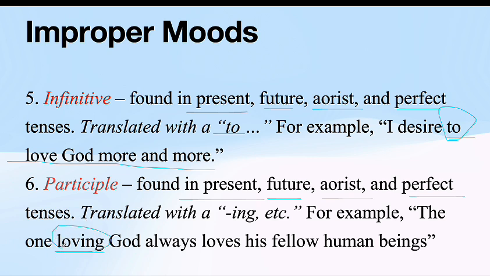So two improper moods, infinitive and participle. So the six are the indicative, the imperative, the subjunctive, the optative, the infinitive, and the participle. So don't forget, these are the six moods. And we have seen six tenses: the present, future, perfect, imperfect, aorist, and pluperfect.